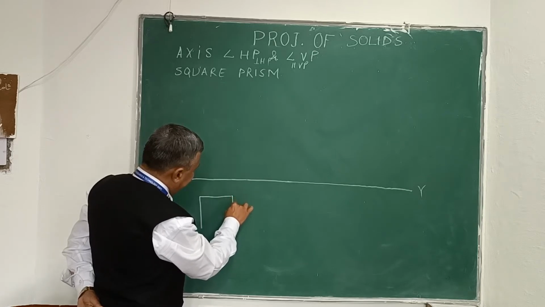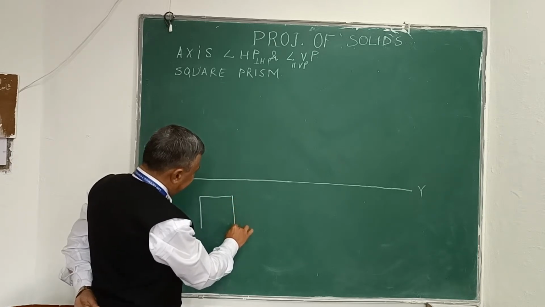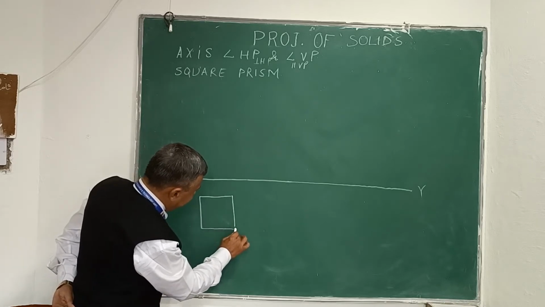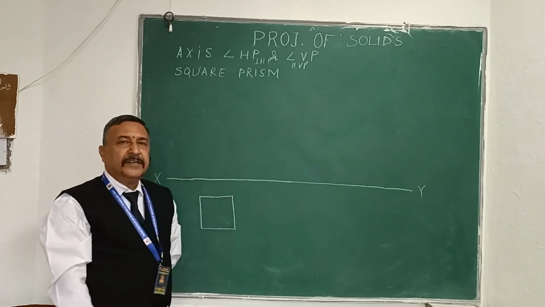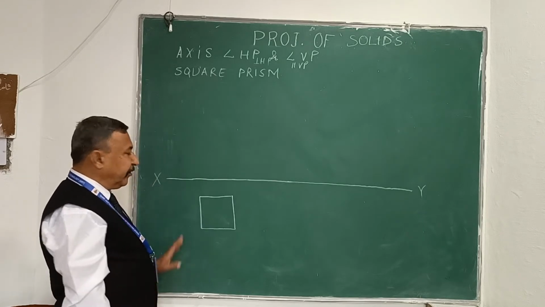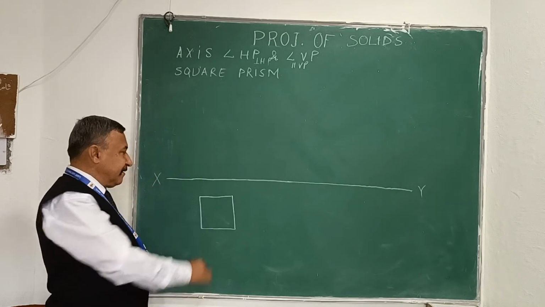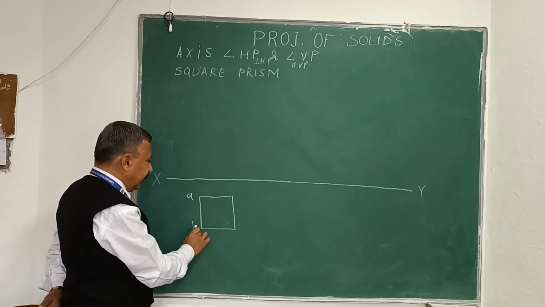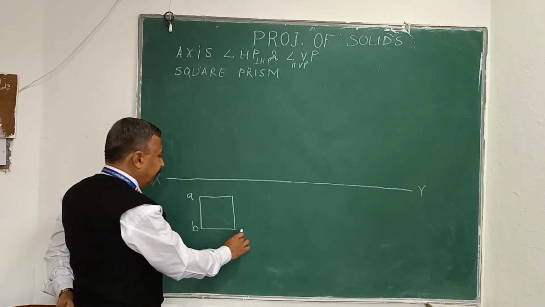The side is already given, whatever be given in the question. So first we have to draw the square, that is the base. Now name it, as we know the process of projection of solid.